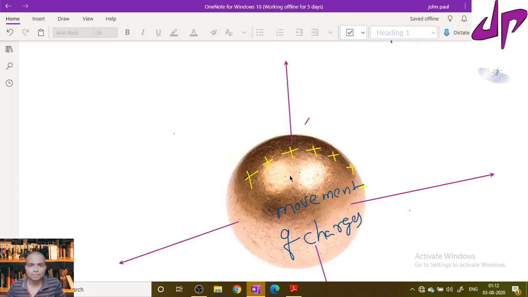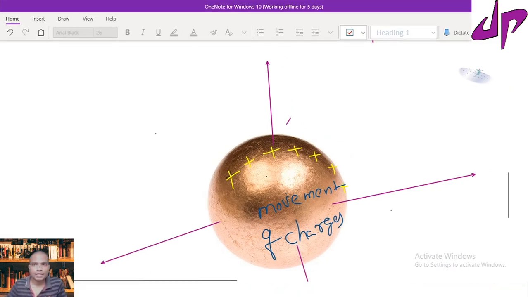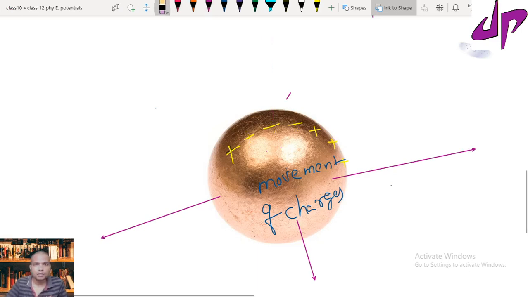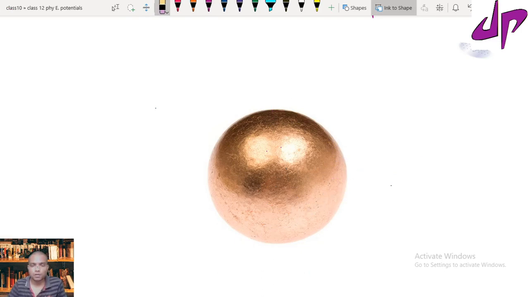Suppose we take a conducting sphere, and we give it a charge, let it be a negative charge. Now according to the electrostatic equilibrium conditions, what happens? This negative charge, within a fraction of a second, will spread all over the surface. Where will it spread?